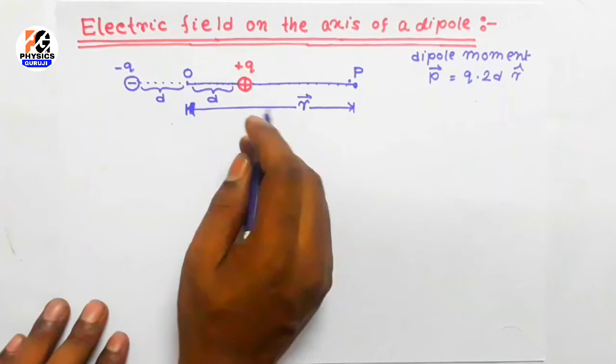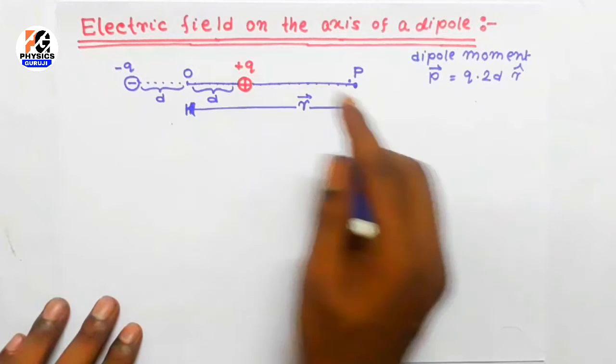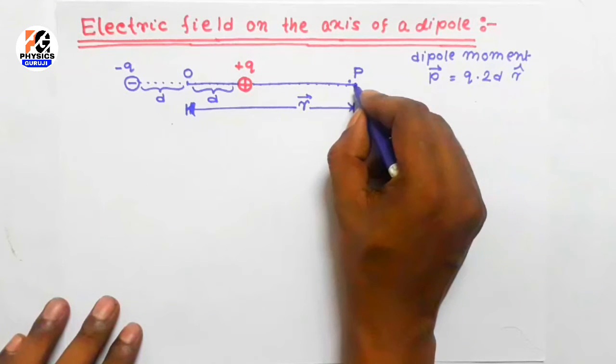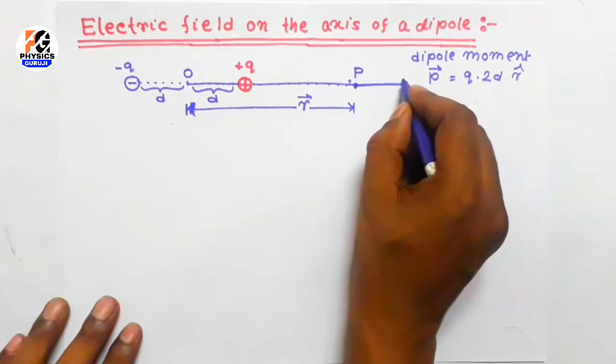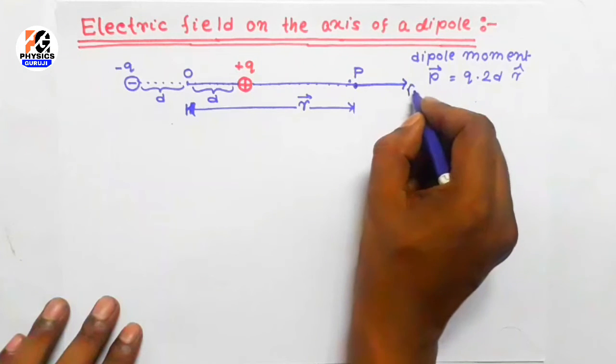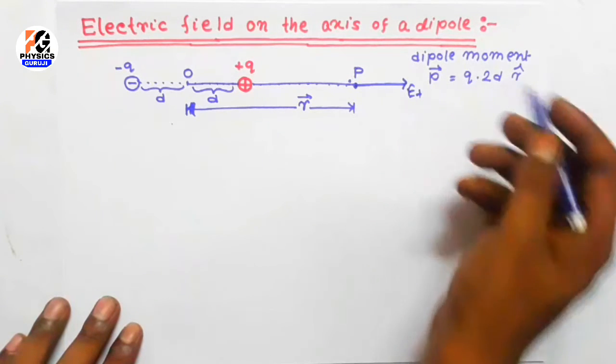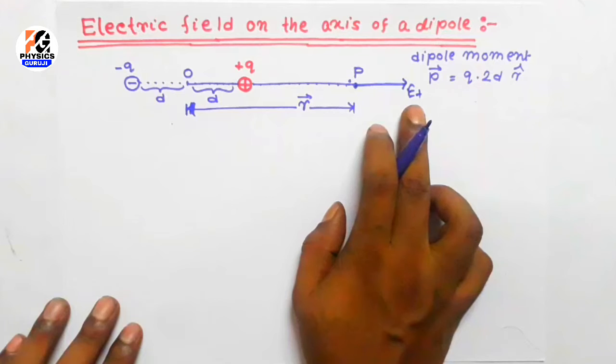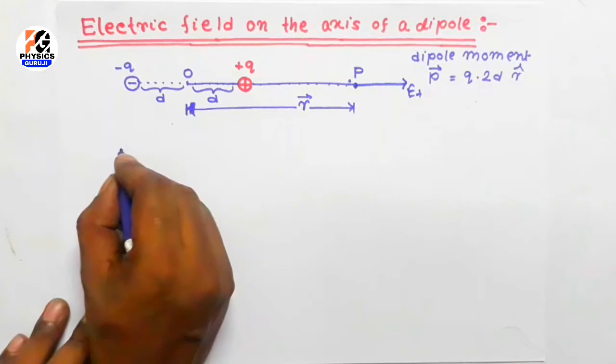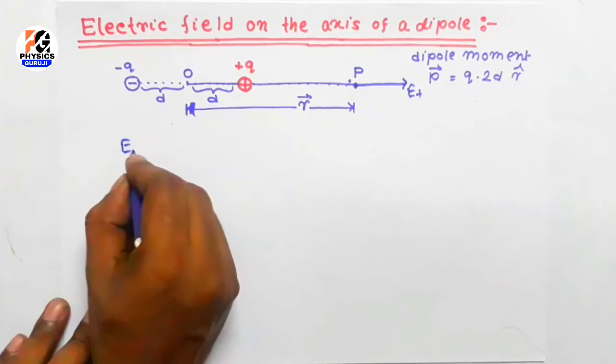So here the electric field due to the positive charge is in this direction. So this is the electric field due to this positive charge.